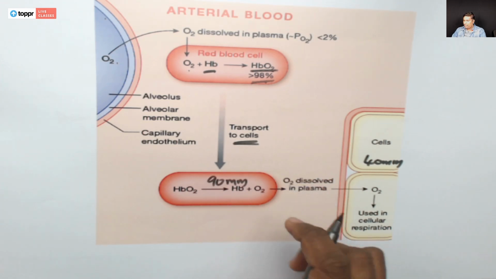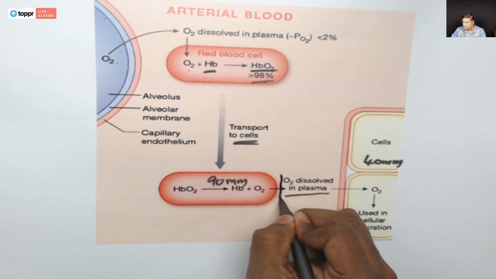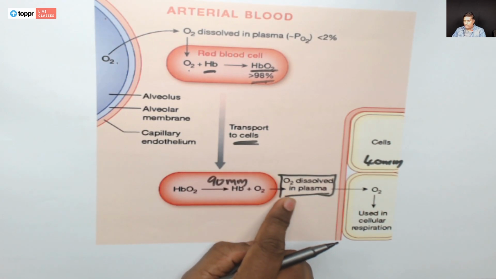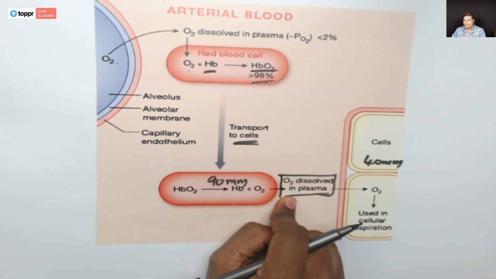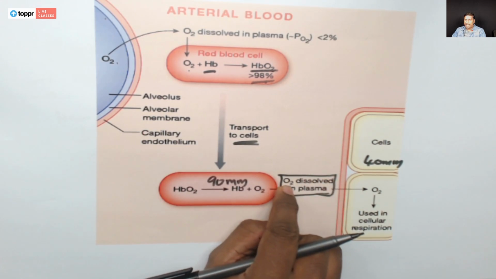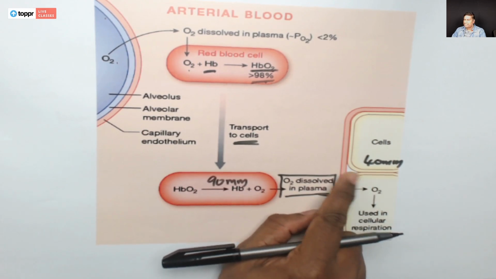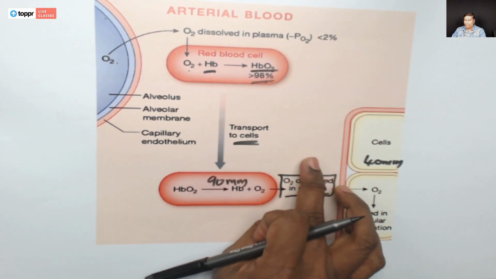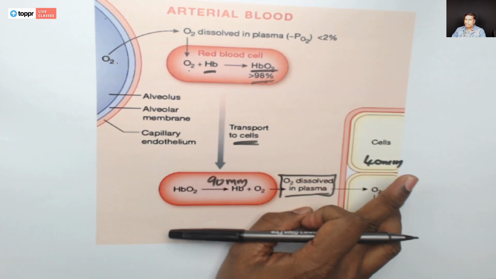If you remember the membrane transport topic that we discussed, I told you clearly that gases like oxygen or carbon dioxide don't need the permission of the semi-permeable membrane. They can simply diffuse through the membranes, provided the pressure on one side is greater and the other side is low.